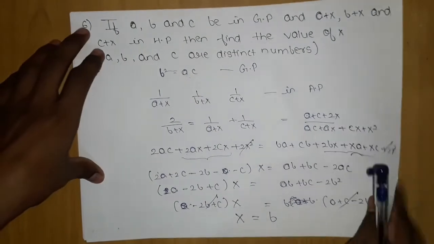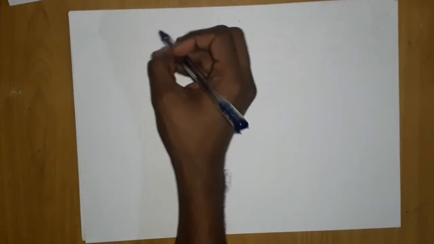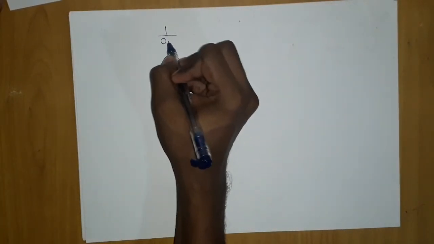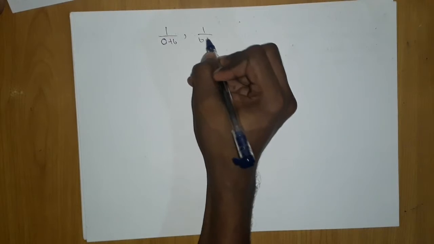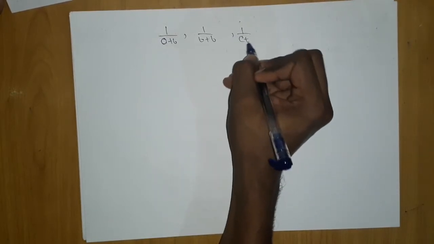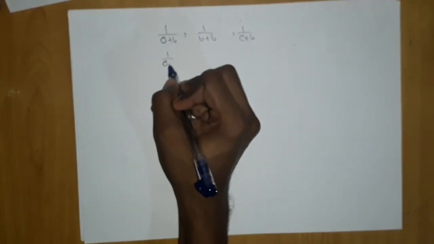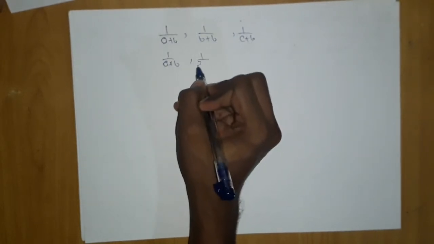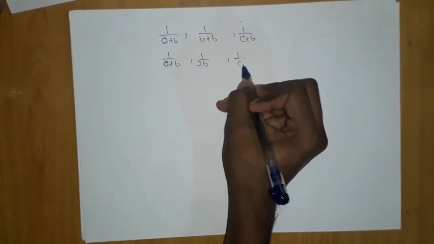Okay, now let's move on to the next one. If I analyze a plus b, a plus b plus b, a plus c plus b, then it is nothing but a plus b, this is nothing but 2b, this is nothing but c plus b.